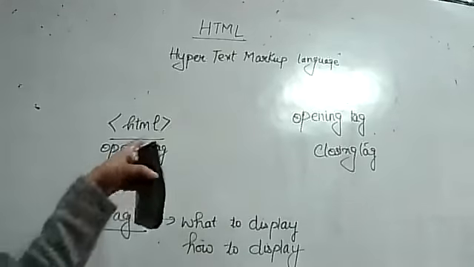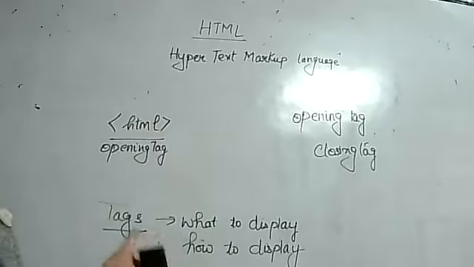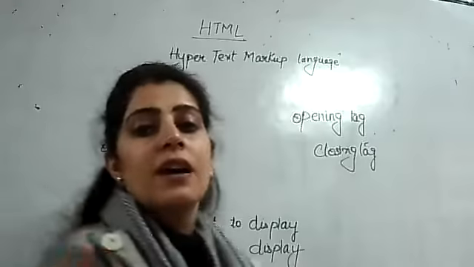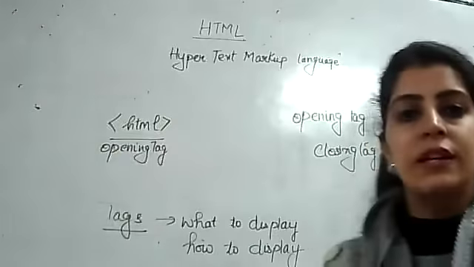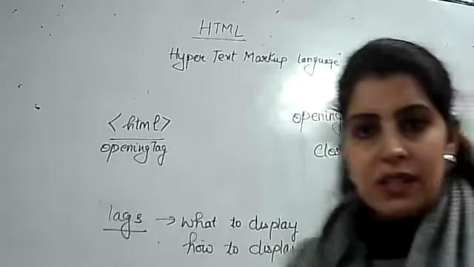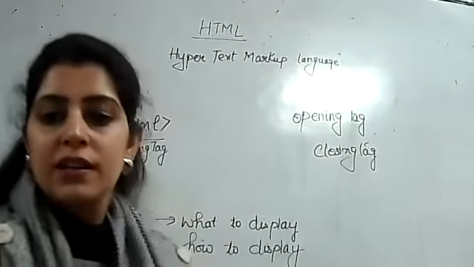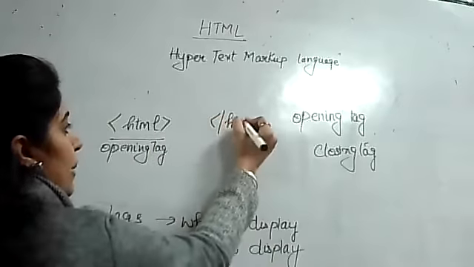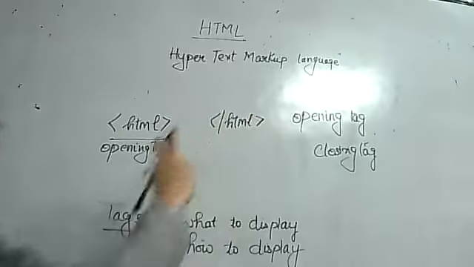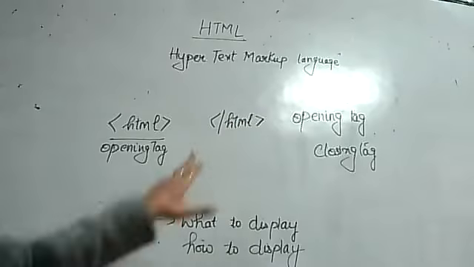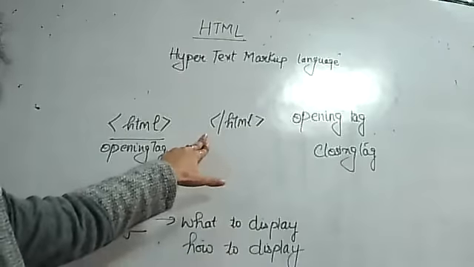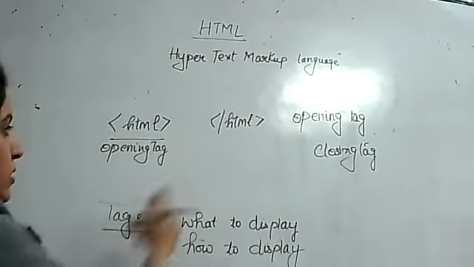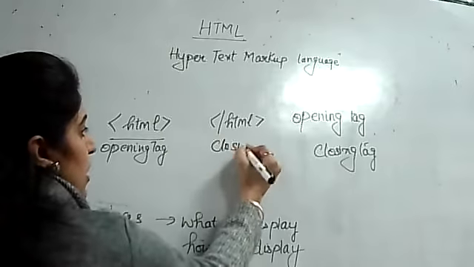And when you are going to close this tag, the tag should be preceded by a forward slash. Tag को आप किसके साथ precede करोगे? Using a forward slash with the same name, so that is a closing tag. Okay. For example, यहाँ पे मैंने HTML को close किया using a preceding slash. तो ये मैंने forward slash लगाई है. This way you are going to close it. This is a closing tag.